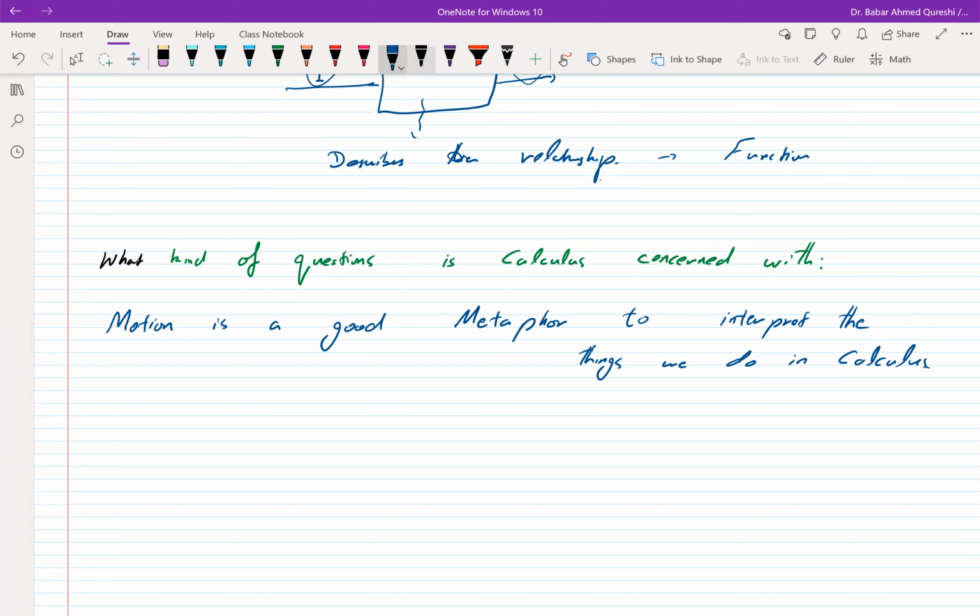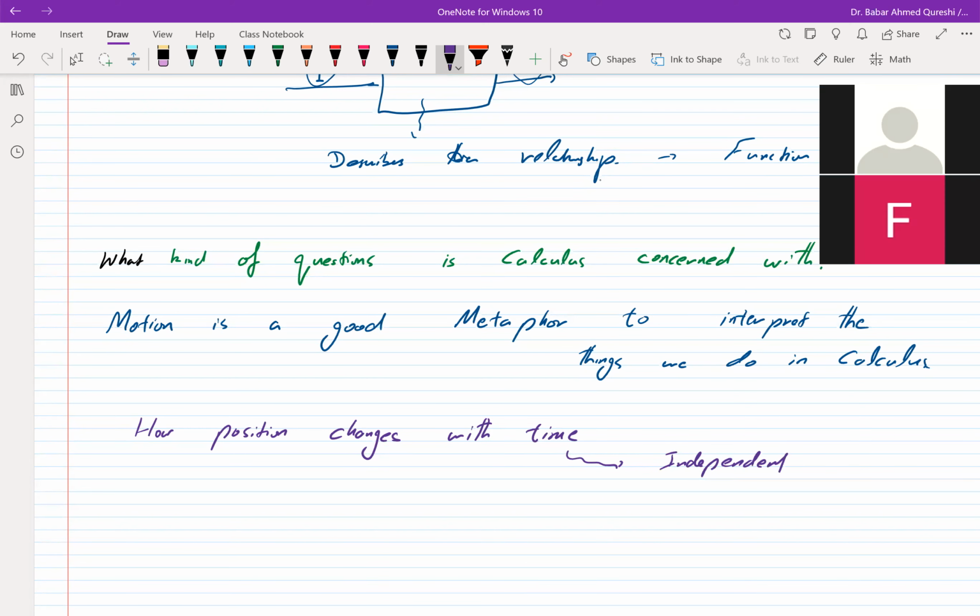So the main thing we deal with is how position changes with time. This is called the independent variable, and this depends on it.